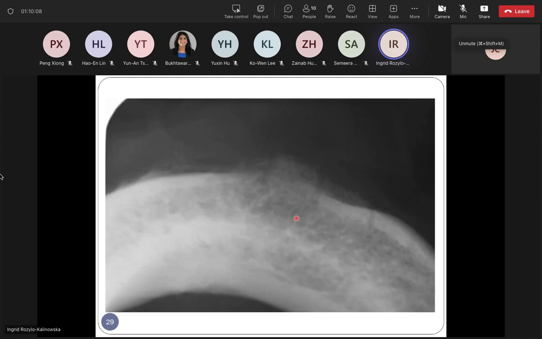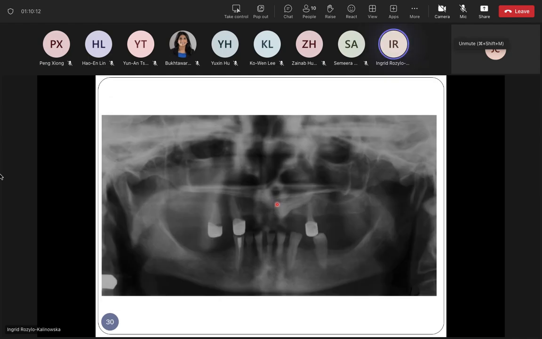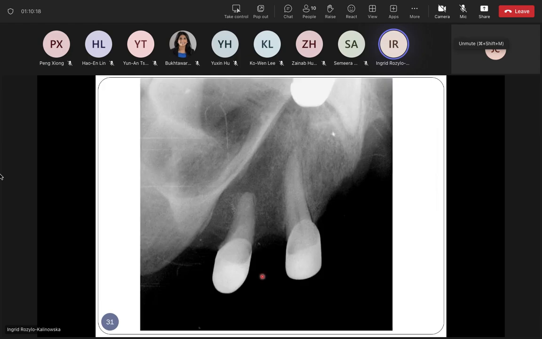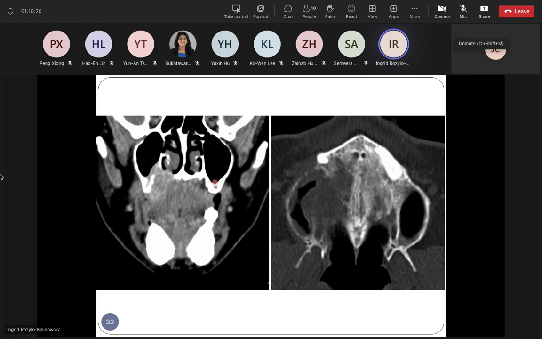And this is an occlusal radiograph. And this is a panoramic. So in panoramics, you have to look for ill-defined areas of osteolysis.